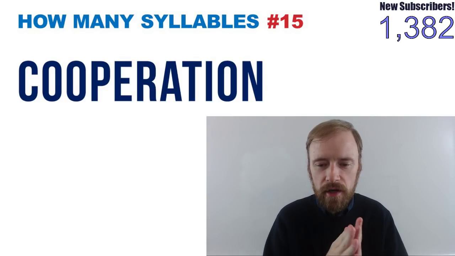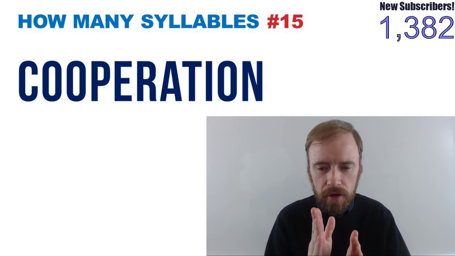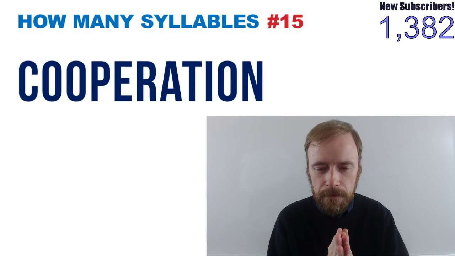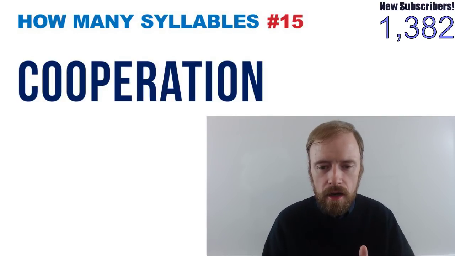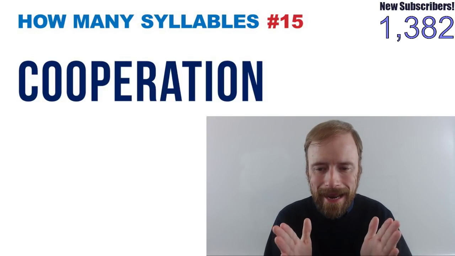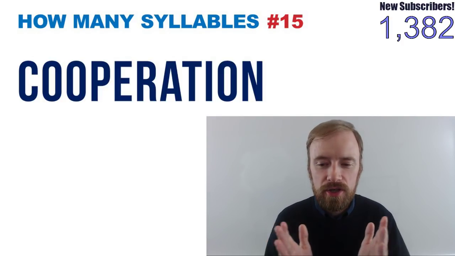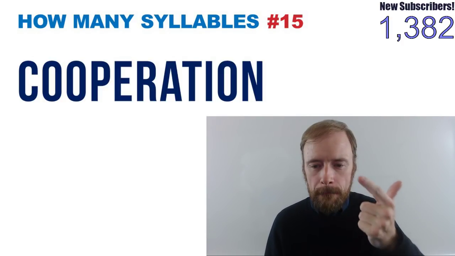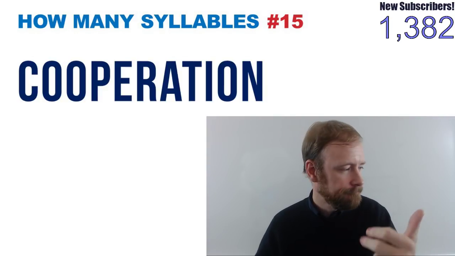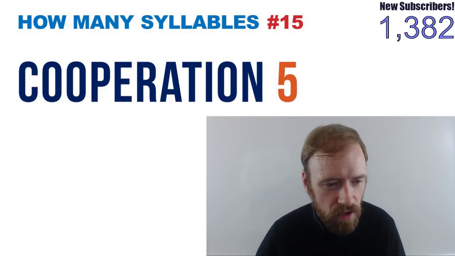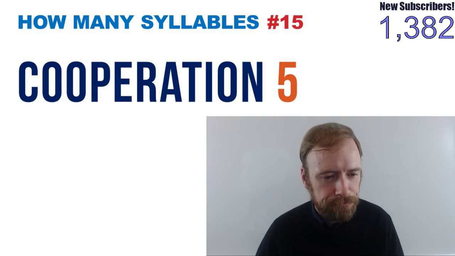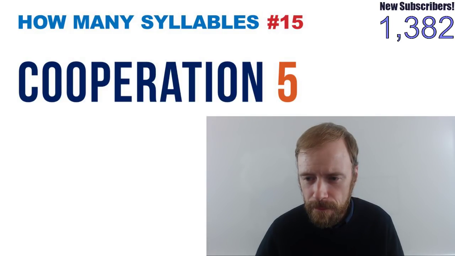Co-op. There's two right there. Co-oper. Three. Co-oper. A is the vowel sound. Co-oper. A. Shun. Cooperation. That's going to be 5. So those of you who got 5, that's right.